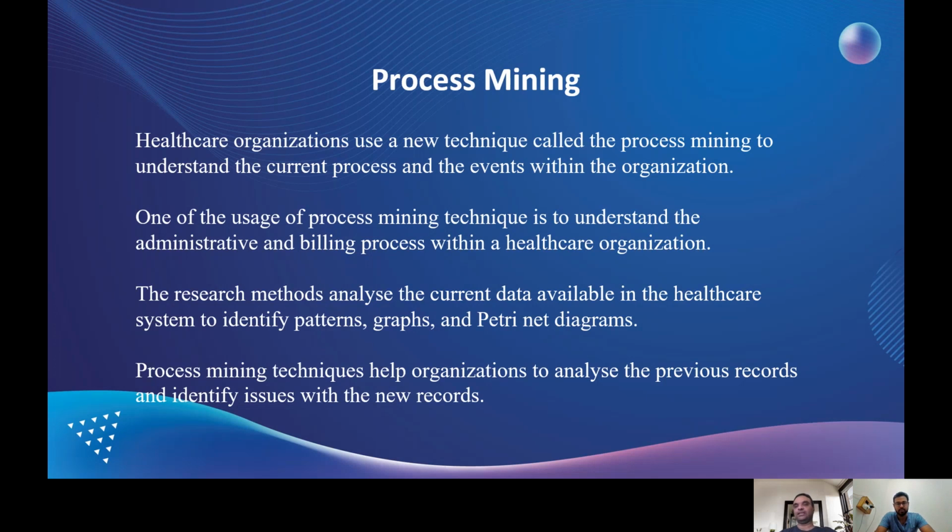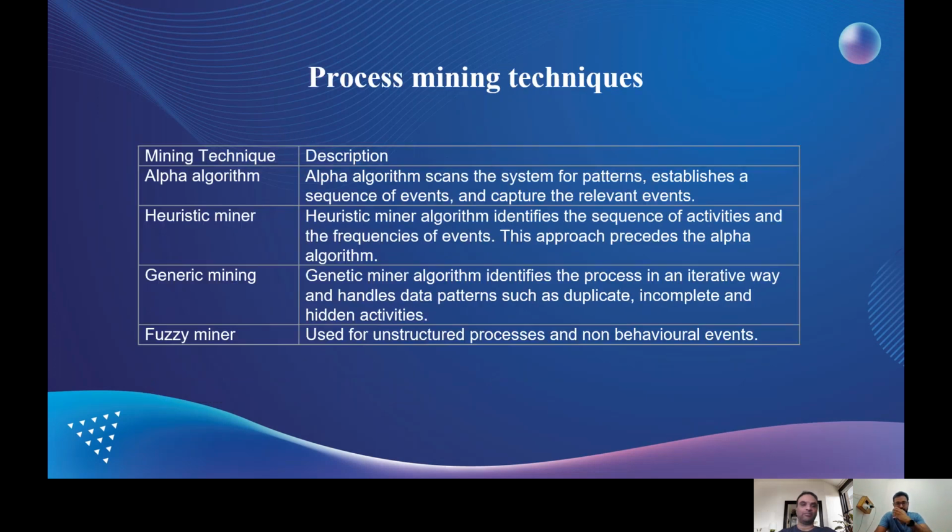There are different process mining techniques available: alpha algorithm, heuristic miner, generic mining, and fuzzy miner. Each process mining technique helps organizations identify the events that happen in an application, and then take the necessary steps at each level.